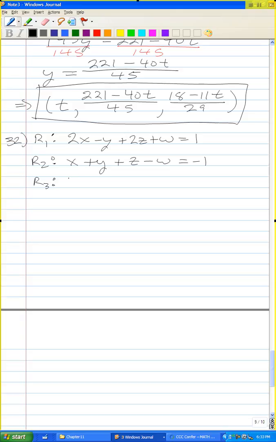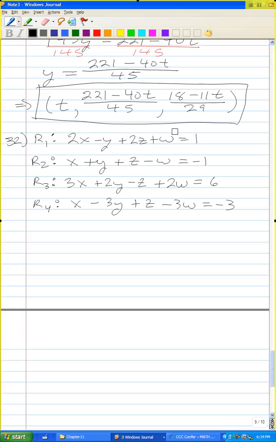R3: 3x plus 2y minus z plus 2w equals 6. R4: x minus 3y plus z minus 3w equals negative 3.